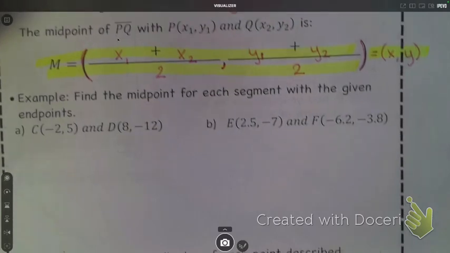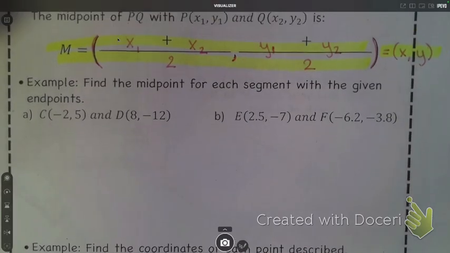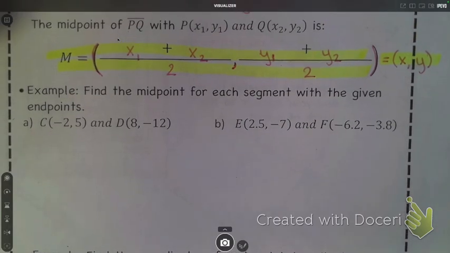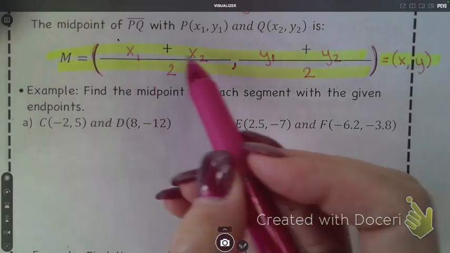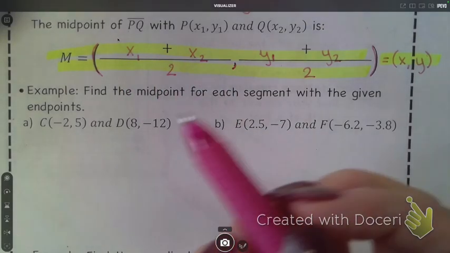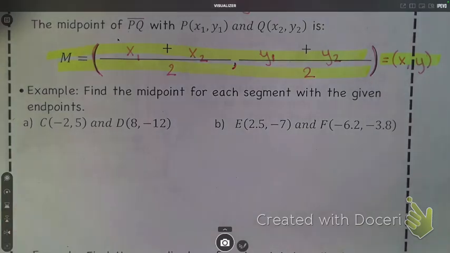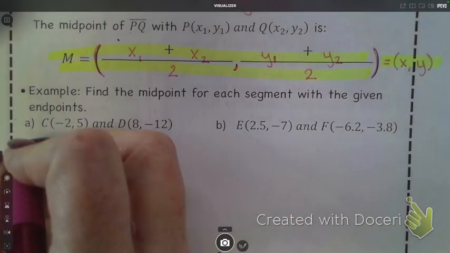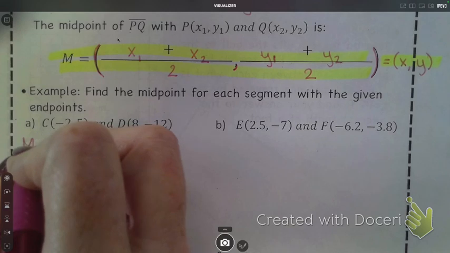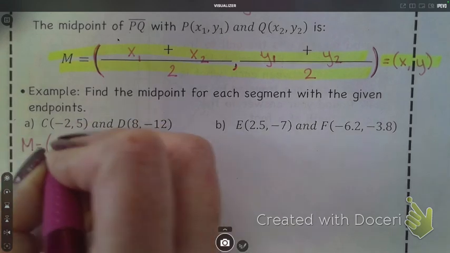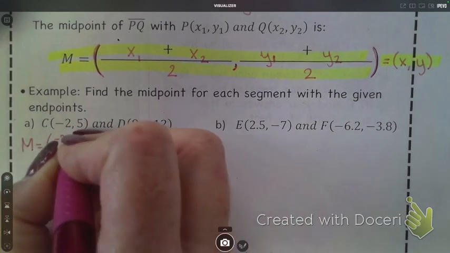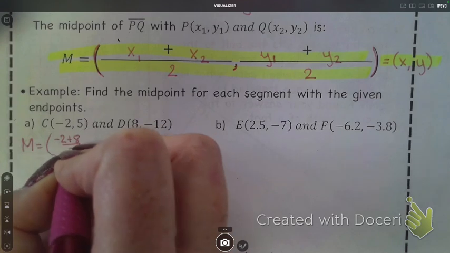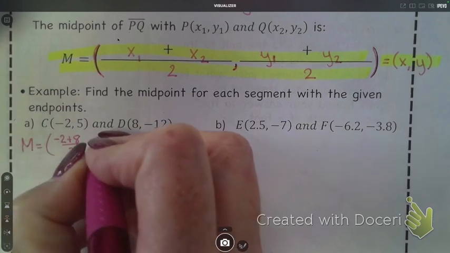So we're going to do it. We got 2 points. We're going to do the midpoint. So if you want to put x1, x2, it really doesn't matter. This is addition. Just do it. Okay? So midpoint equals (-2 plus 8 divided by 2, comma, 5.